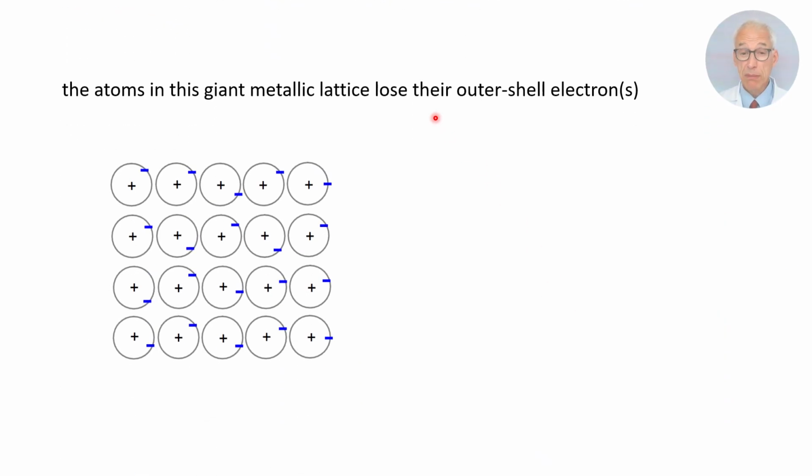So to explain metallic bonding, we need to develop this model of metallic structure a little. Rather than having atoms, which we see here, nucleus and outer shell electron, we use the idea that metal atoms lose their outer shell electron, which of course are negative, to leave behind a positive metal cation, a positive metal ion.